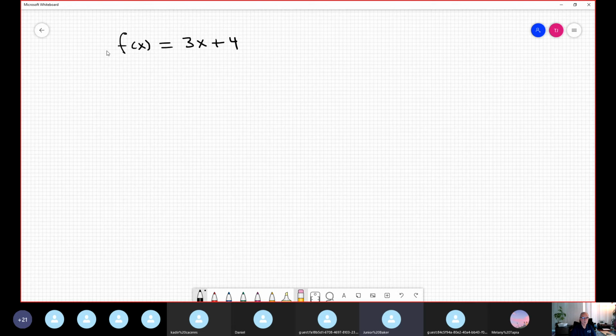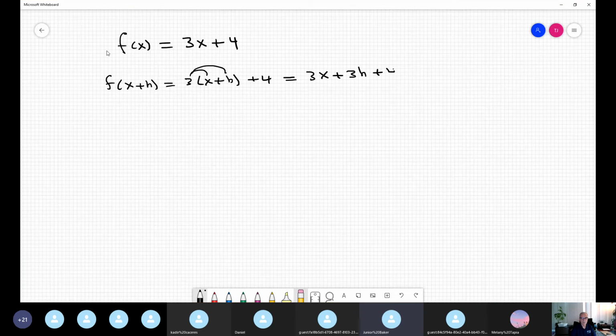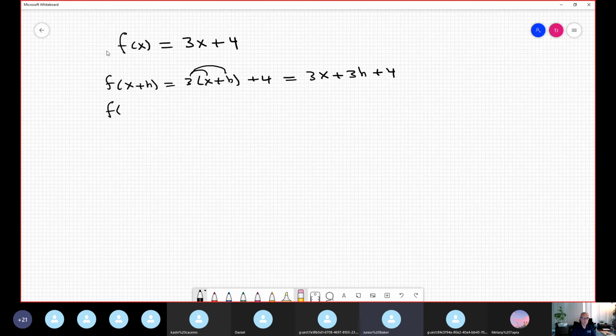Okay. Step by step. I compute f of x plus h: 3 times x plus h plus 4. Oh, it's easy because we have only one binomial. You apply the distributive property, and you have 3x plus 3h plus 4. Done. Now subtraction. This minus the original is 3x plus 3h plus 4 minus, opposite sign, minus 3x minus 4.